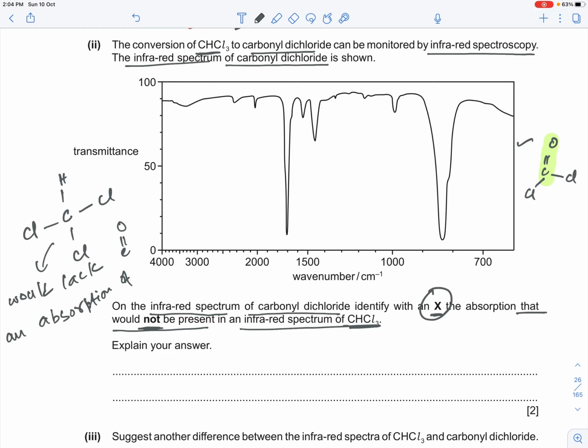Right, so first let me just identify it with an X. Which peak in this IR spectrum of carbonyl dichloride is representing the C double bond O peak? This is 1500, 1600, and this peak here is around 1600.